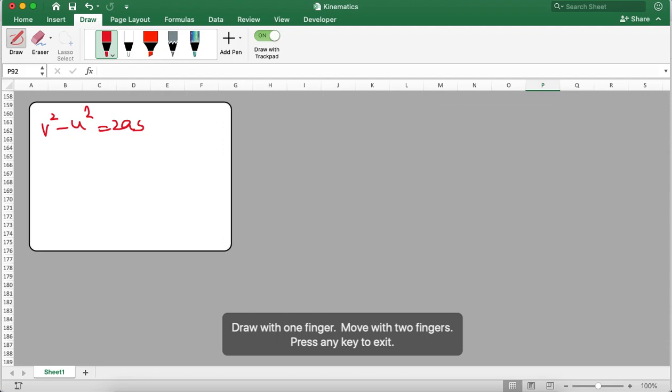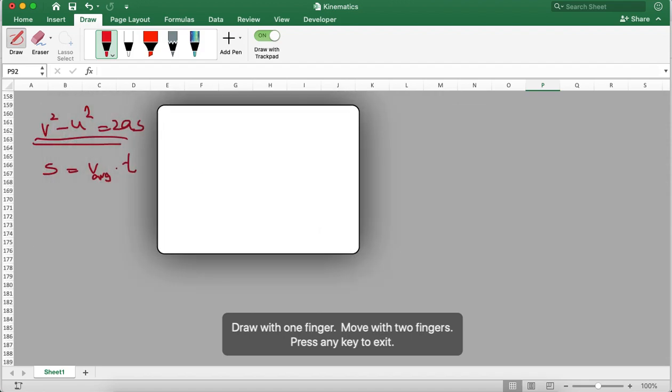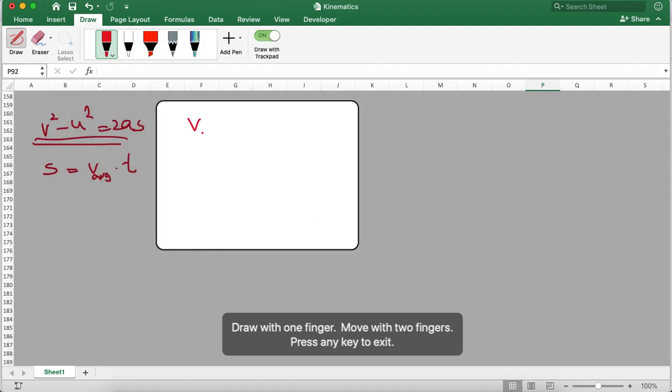Now I'll derive this relation. How to derive this relation? As you all know, just now I said S is equal to V average into T, which I have given just now. Now let me write what is V average. As we all know, V average is equal to U plus V by 2.